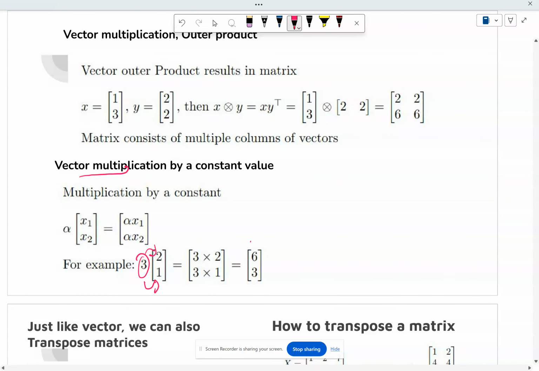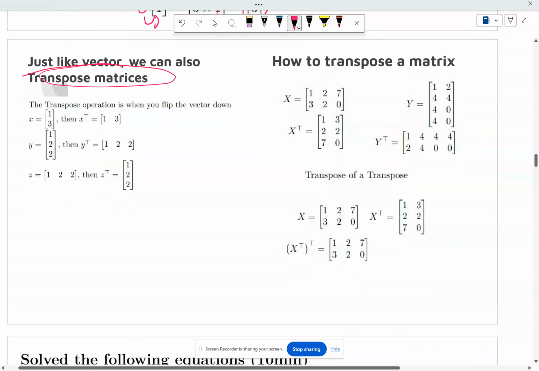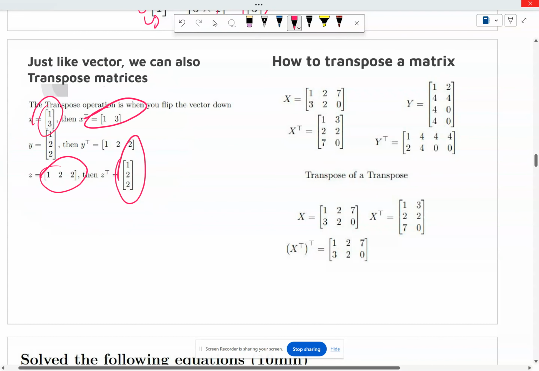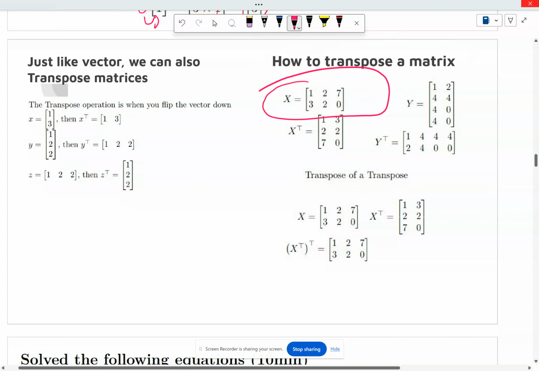Next, just like vectors, when we talk about matrices, we can also transpose them. Over here, we saw how you can transpose vectors, which converts a column into a row, and a row into a column. Now, what about a matrix? How will we transpose, for example, this one? Well, it's actually really easy.